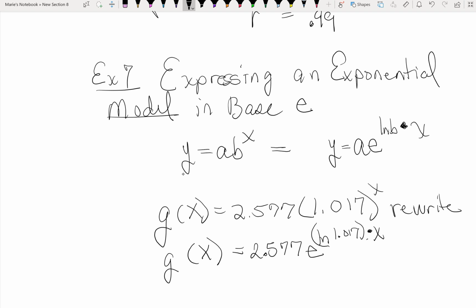So notice the slight changes in how we express this. This you do need to know how to do without technology. You should be able to do that.